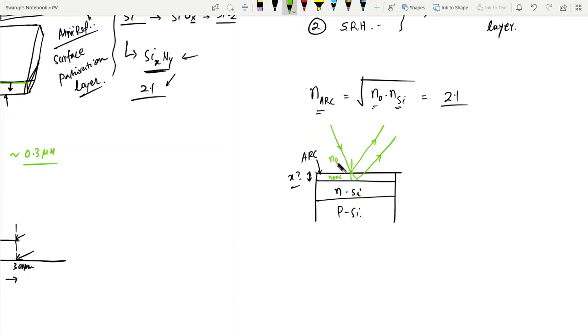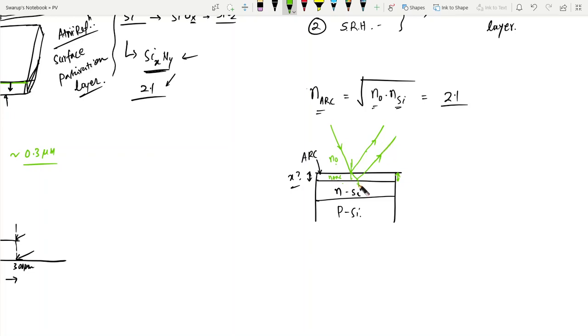So there are two interfaces, air to anti-reflection coating and anti-reflection coating to the silicon, so there will be two different reflections, right? Now we choose this thickness in such a way that these two reflected beams interfere destructively. If they interfere destructively, that means there is no reflected light as such.